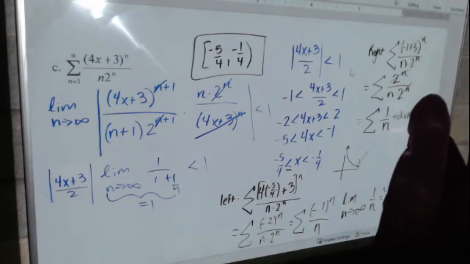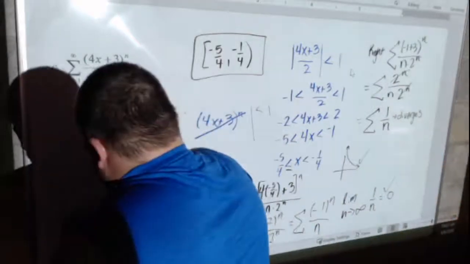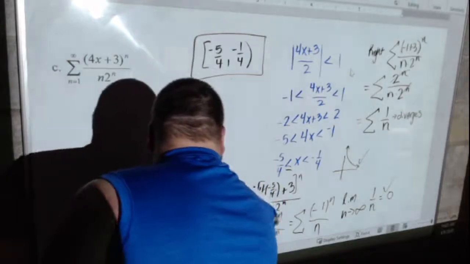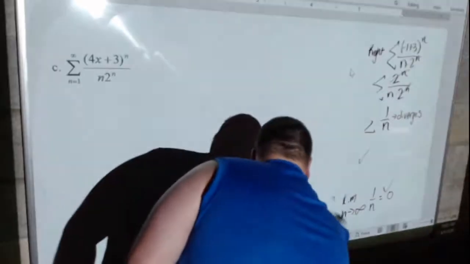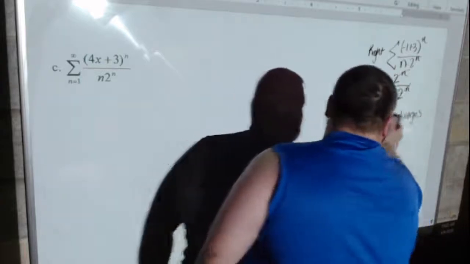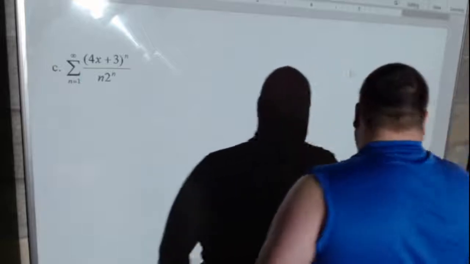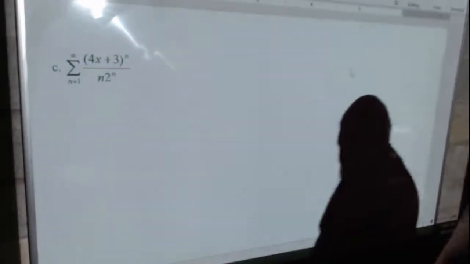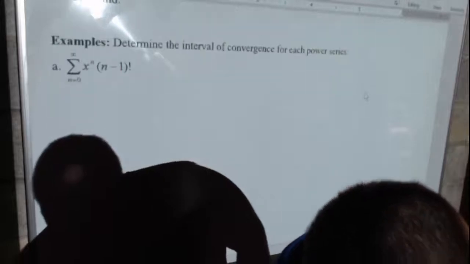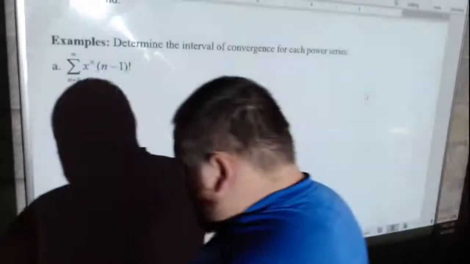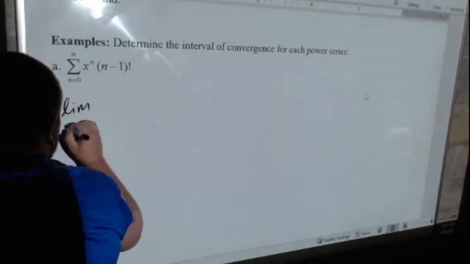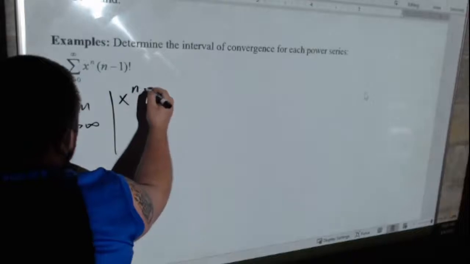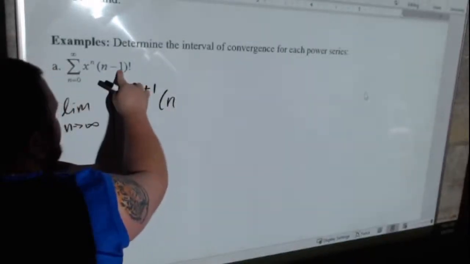Alrighty. So like I said, let me go back and finish up that first problem. All right. So x to the n times n minus 1 factorial. Take the limit, n approaches infinity. x to the n plus 1. n plus 1 in here.